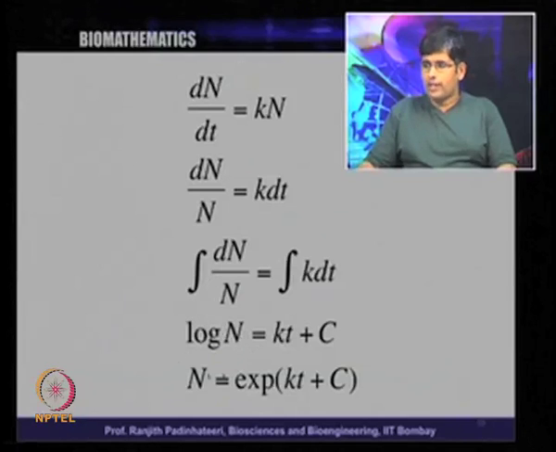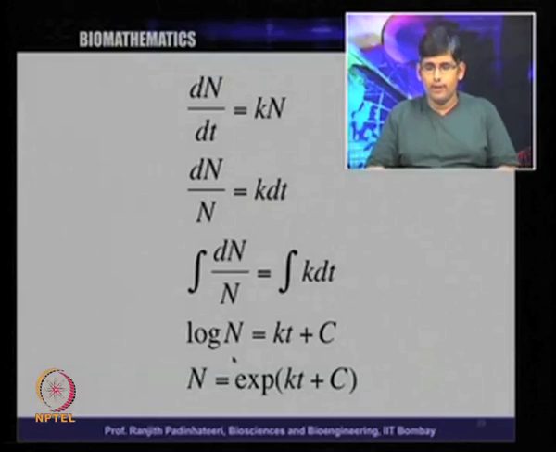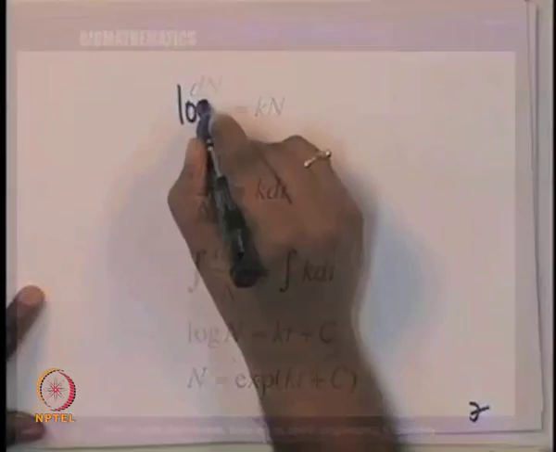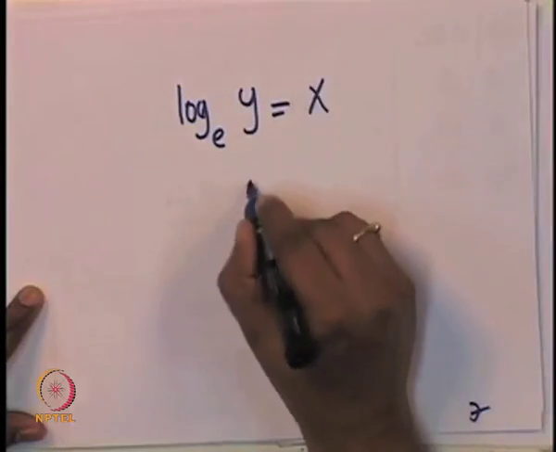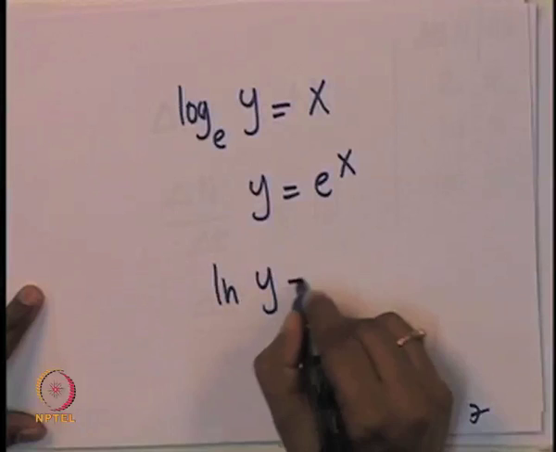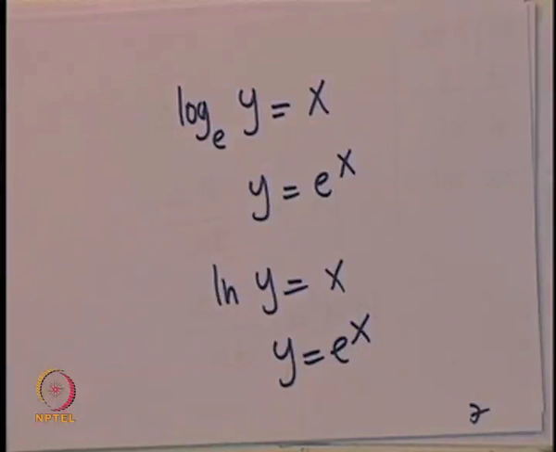Now, this log is a natural log, it is log to the base e or ln. So, log y is equal to x, you can write y is equal to e power x, exponential, like we studied this. In other words, ln y is x, y is e power x. So, this is something that we studied before.